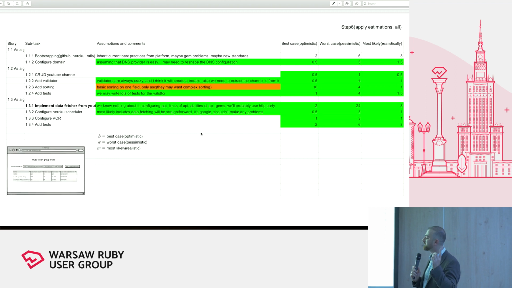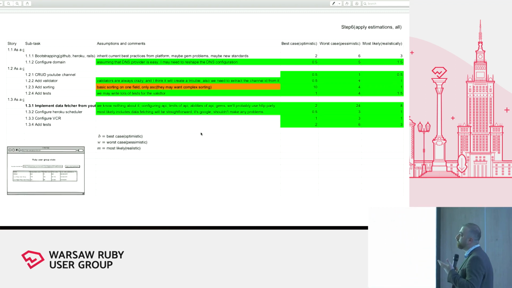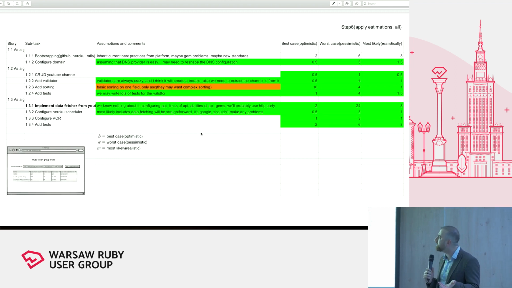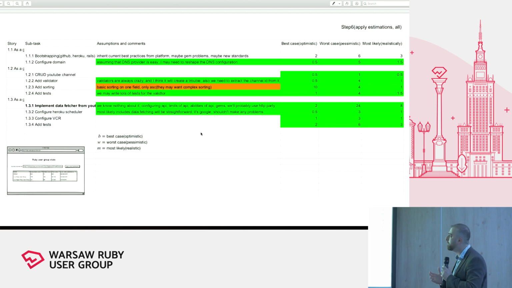And the assumptions and comments in that, we know nothing about it. Configuring the API, limits of this API, abilities of this API, whether I'm going to use a gem or not. We'll probably use HTTParty because I don't really feel that there is a gem for that, etc. Okay, so I expressed all my feelings there.